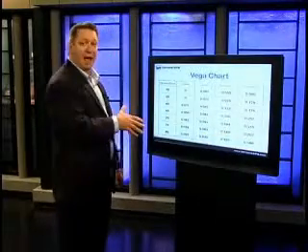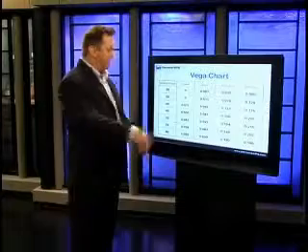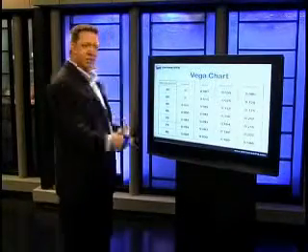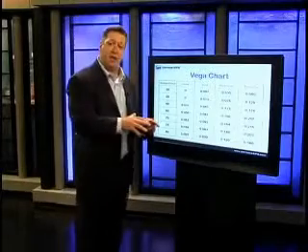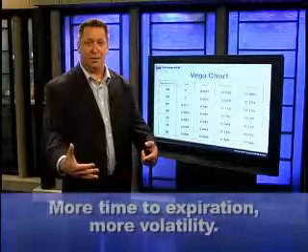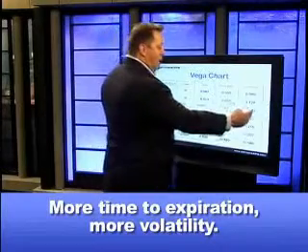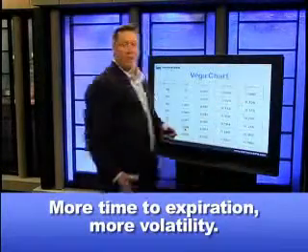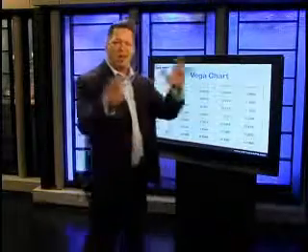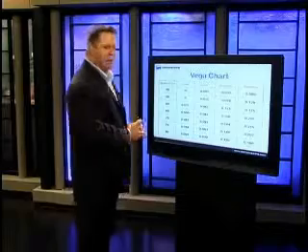The reason for that is volatility, which Vega measures the sensitivity of an option's price to changes in volatility. Volatility is a product of time. The more time, the more volatility. Remember, volatility is an annualized number. Think about range when we talked about that.